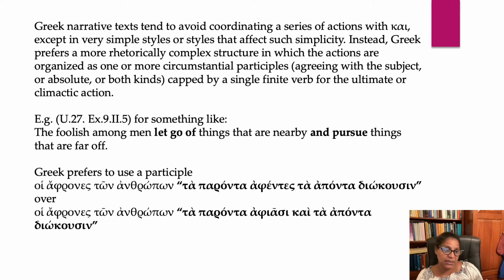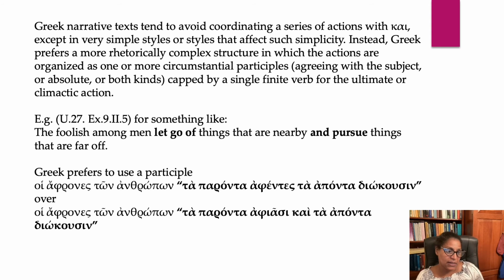But if you wanted to be more idiomatically Greek, you would have to put one of these verbs into the participle. In other words, Greek prefers to use the participle construction when you have two verbs, even where in English we can only translate it as two coordinated verbs.